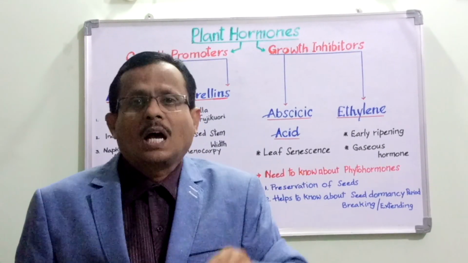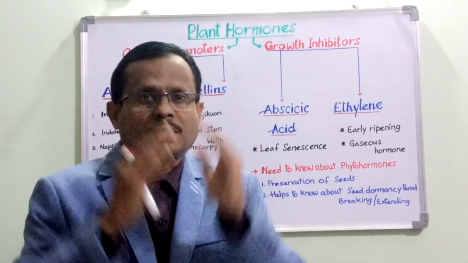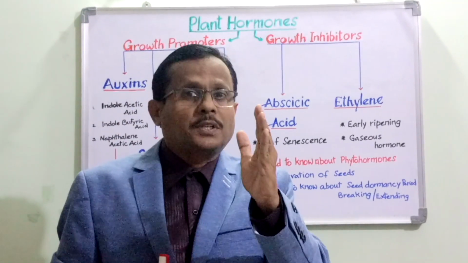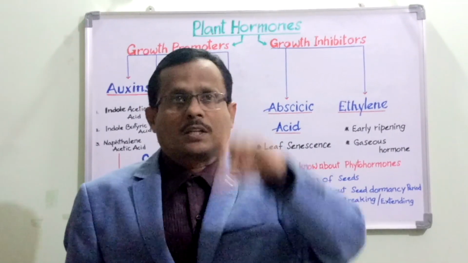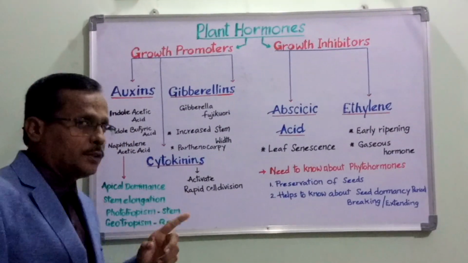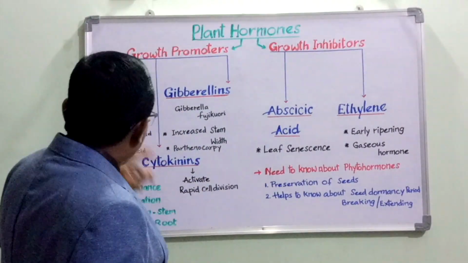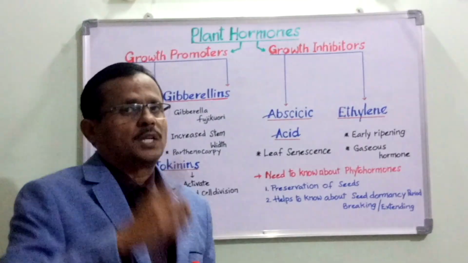In other words, apical dominance is the suppression of the activity of the lateral buds, increasing the activity of the apical buds, leading to the development of the plant longitudinally. So apical dominance is the first characteristic feature of auxins, and most importantly they bring about stem elongation.